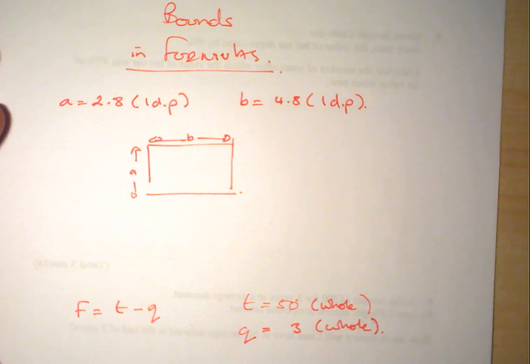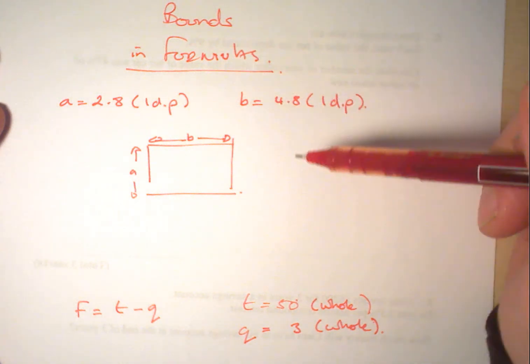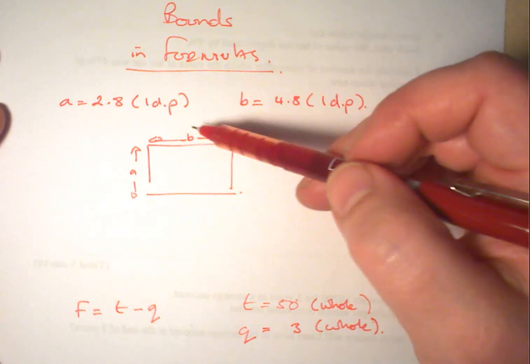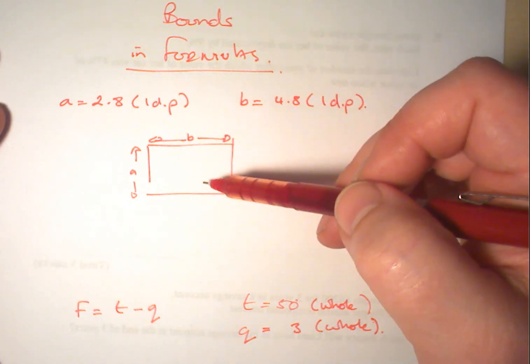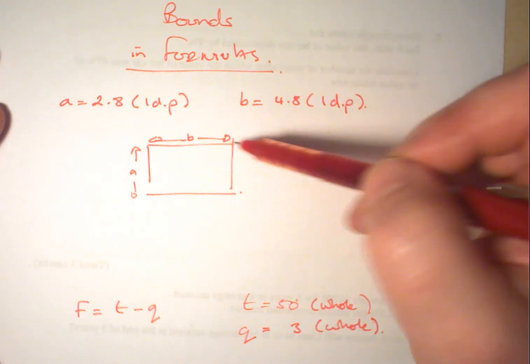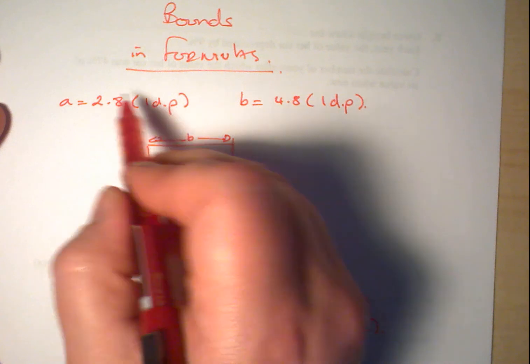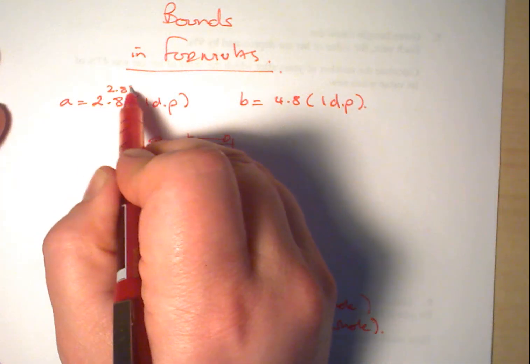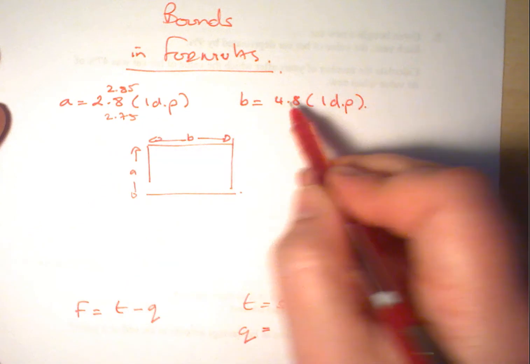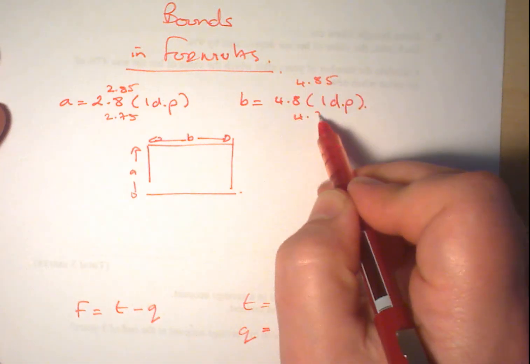So the trick here is bounds and formulas, and these are the harder ones. The first thing to remember is that when you're asked for the upper and lower bound, you need to work out the upper and lower bound for each individual number that's going to be substituted into the formula. So if this is 1 decimal place, you're going to go 2.85, tick this one down, 2.75, 4.85, and 4.75.